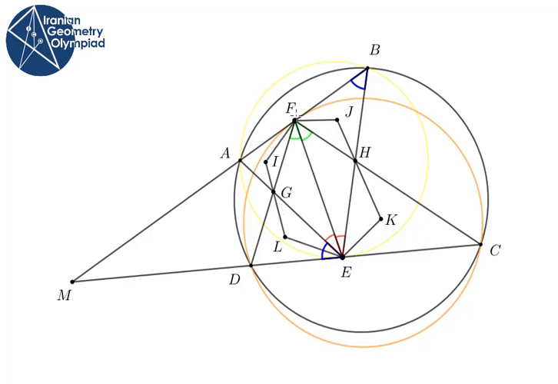Now, if I draw angle FHE's bisector and name the intersection point with EF Q, because I know that triangles FHE and FGE are congruent, then GQ is the angle bisector of FGE.